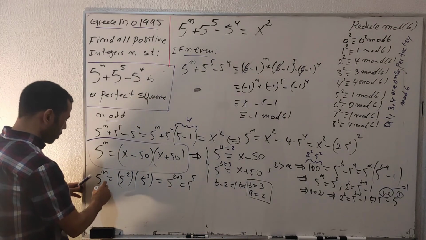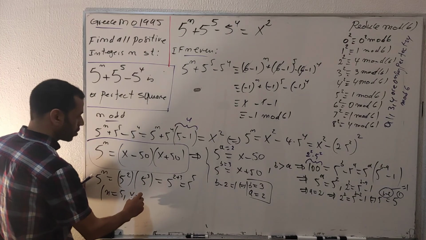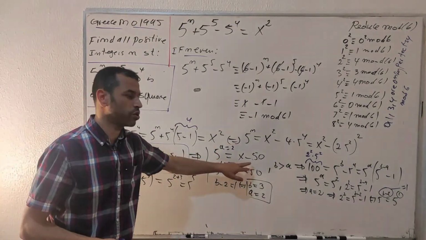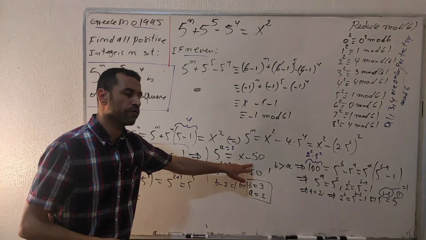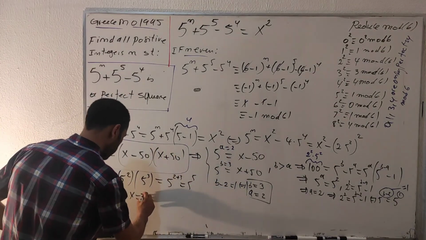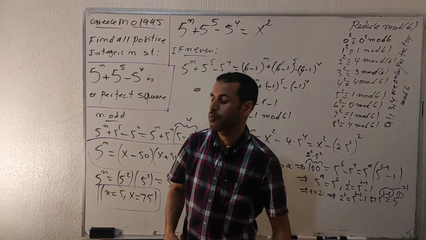So I get n equals 5 with x. 5 squared equals x minus 50, which means x equals 25 plus 50, which is 75. So I have determined the pair of solutions.